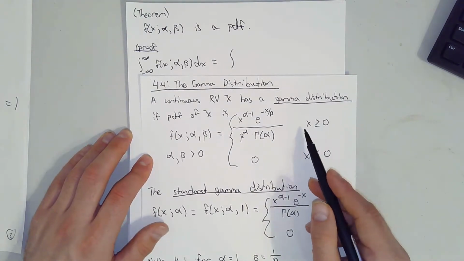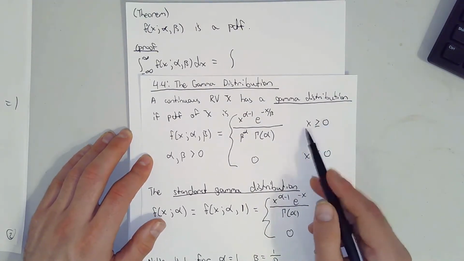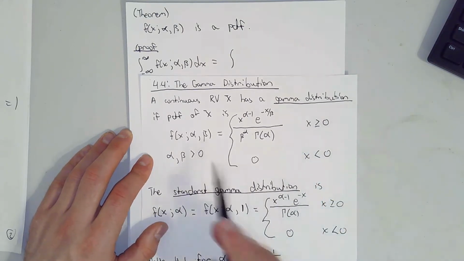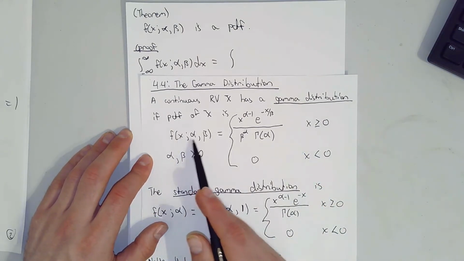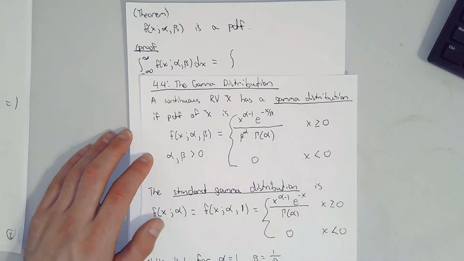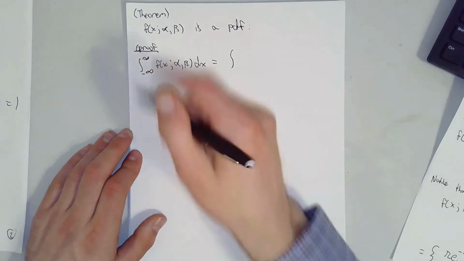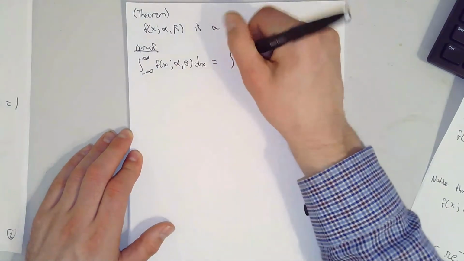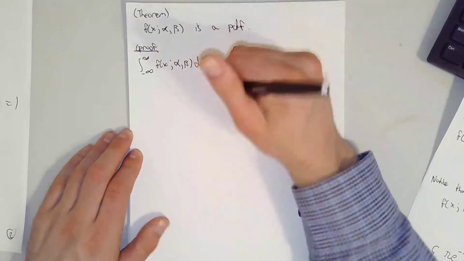In other words, the positive real number line is what's called the support of this function. This function is 0 on the negative part of the real number line. Therefore, this integral reduces to just the integral from 0 to infinity.